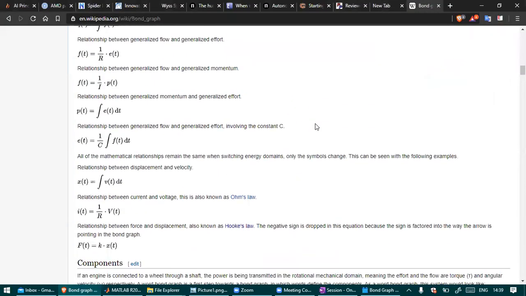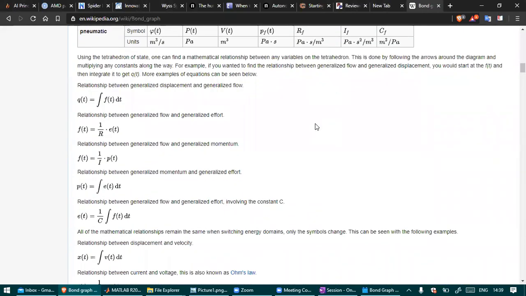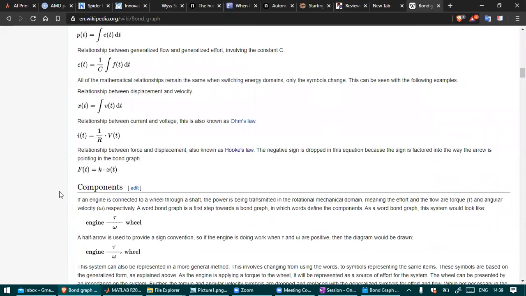Just to wrap up, following the Wikipedia page, you see the relations for the flow, effort, displacement, and momentum.